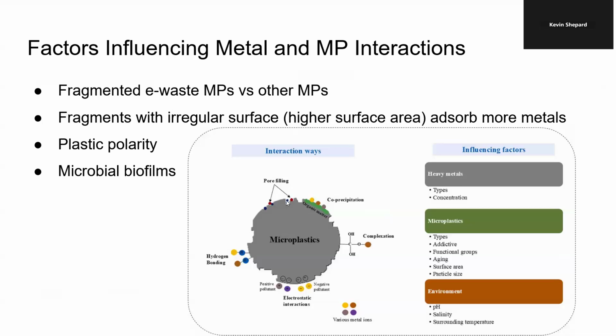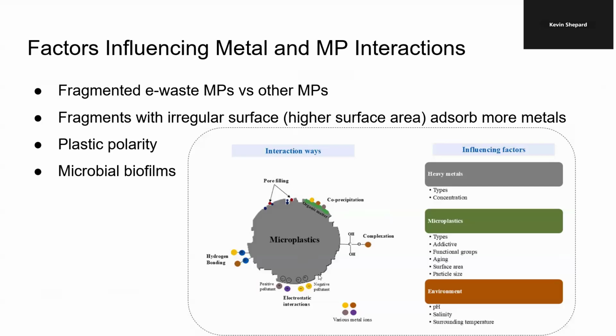The fragments have little crevices and irregular surfaces, which means the surface area increases. It also means there are more areas where metals can adsorb onto the surface of the microplastic.